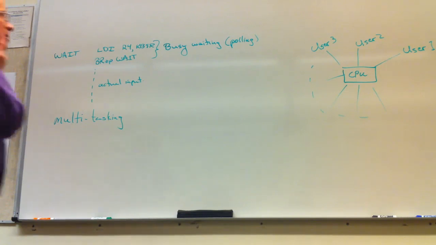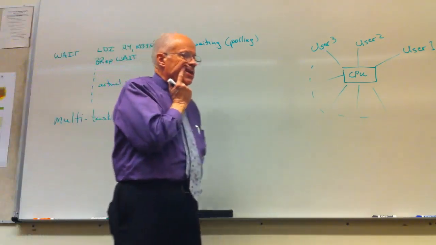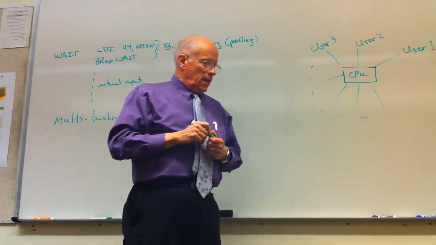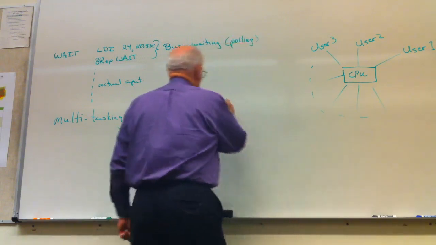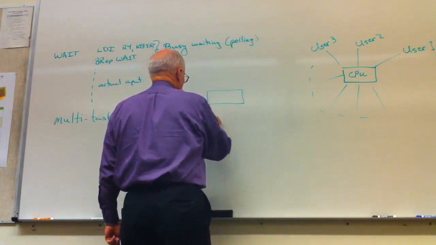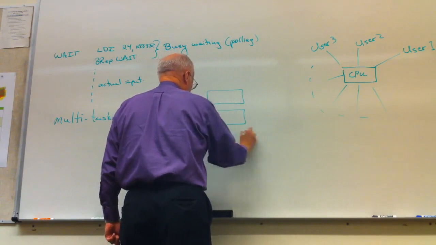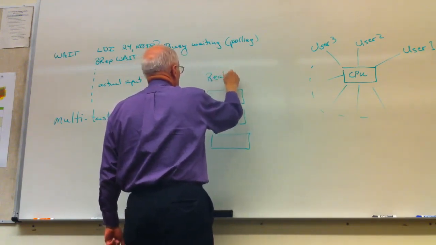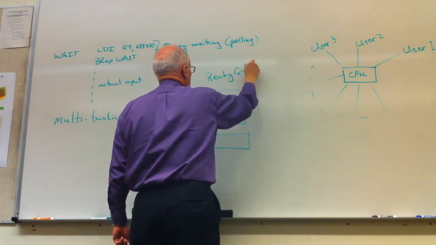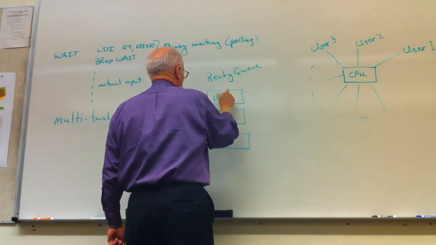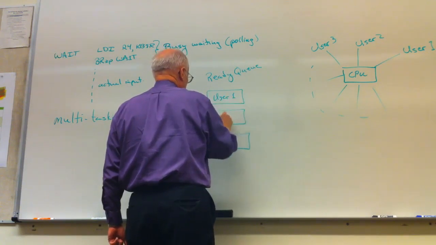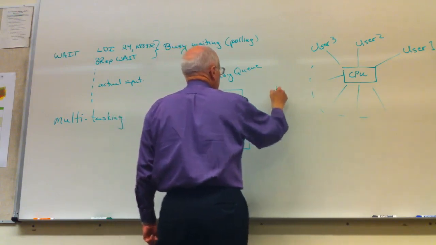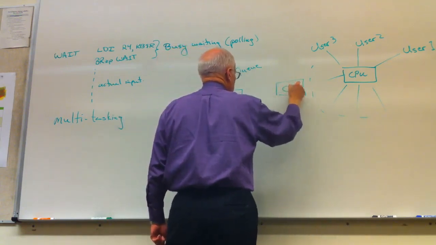So how do we handle systems like this? Well, the idea behind it is that we have a list of things that we'll call the ready queue, where we have user 1, user 2, user 3, and here we have a processor over here.